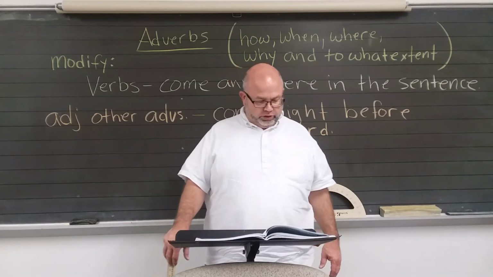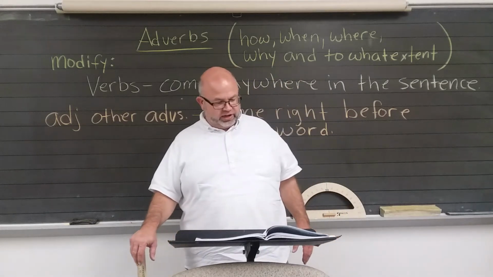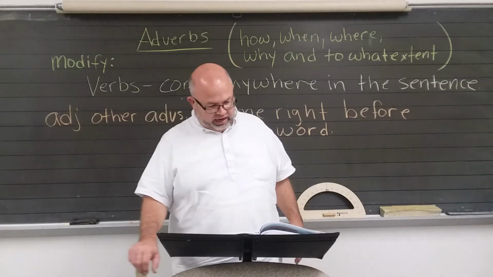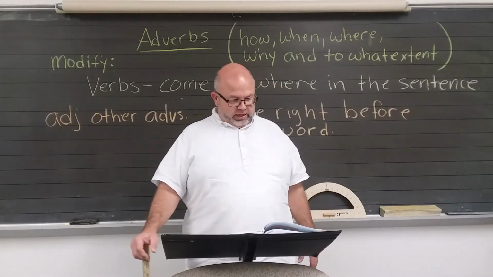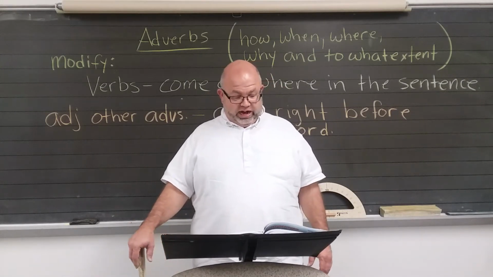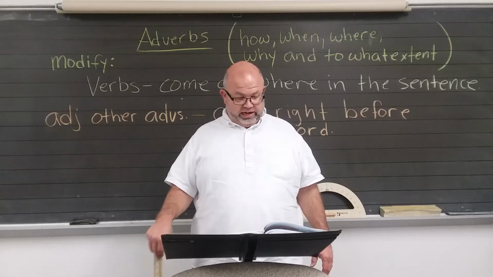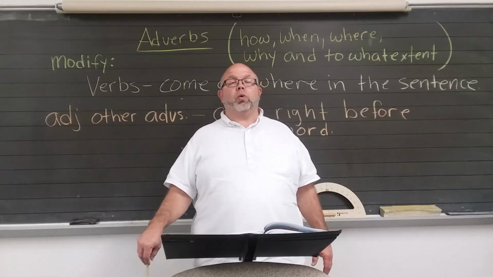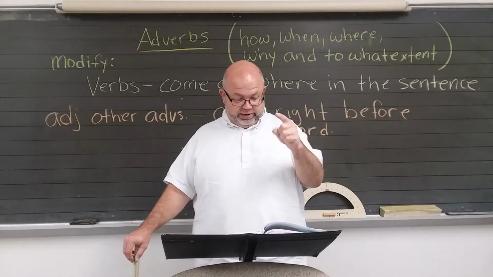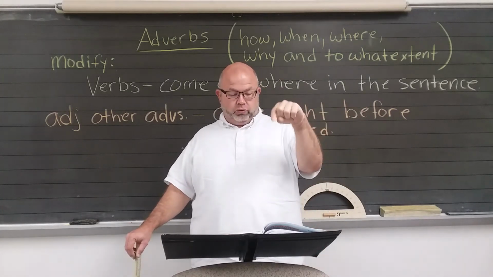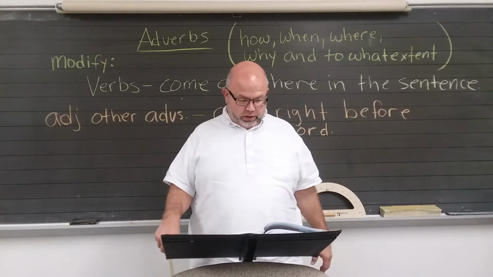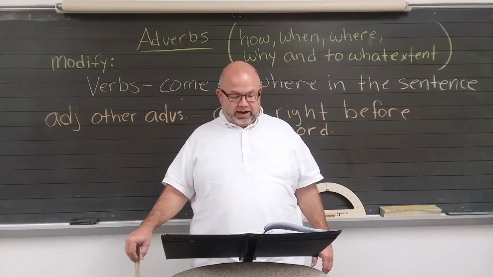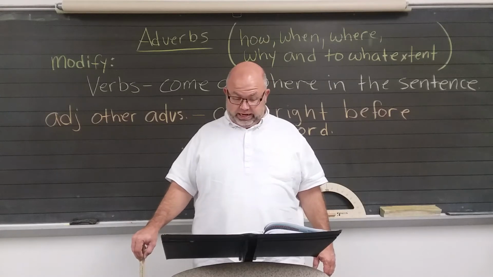So number 2: the newspaper has photographs of very extravagantly decorated palaces in Iraq. Well, there you see the word very. Very is always an adverb. Very is modifying what? So you would underline very, put an arrow to extravagantly. Extravagantly is an adverb modifying decorated.